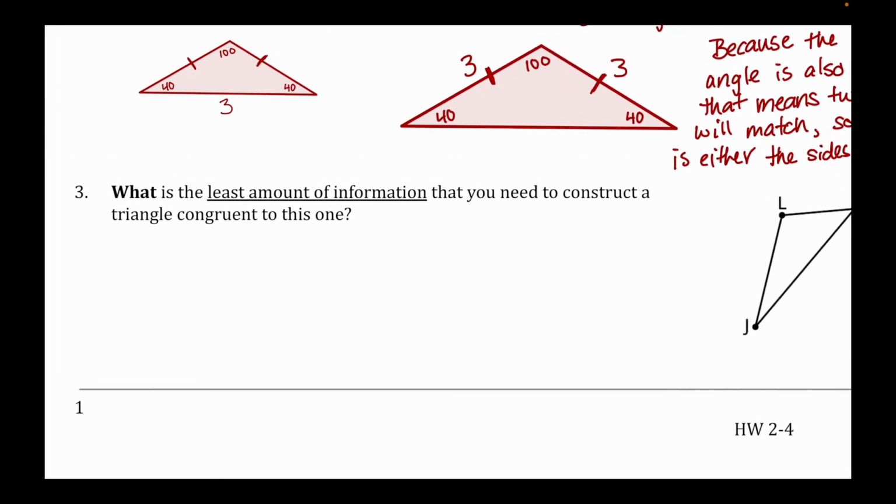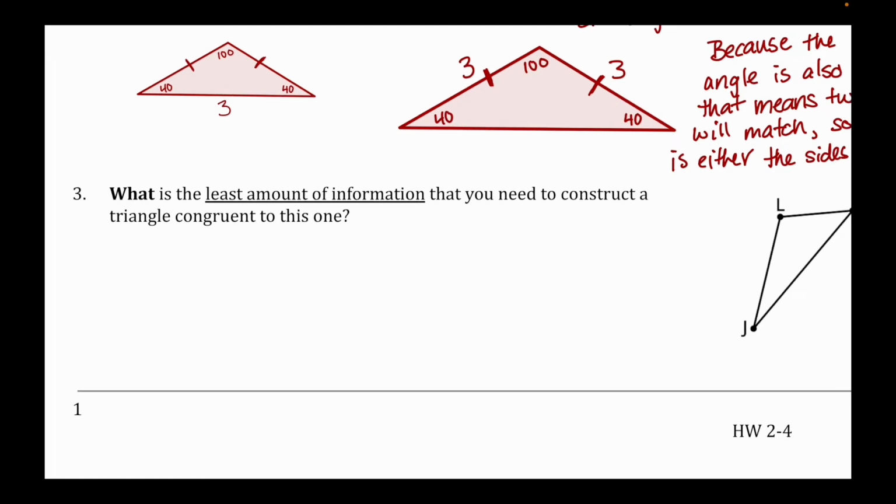Out of all of the ways that we've learned, you need at least 3 different pieces of information. So I'm going to list a couple options, but I am still going to say that I need 3 pieces of info.